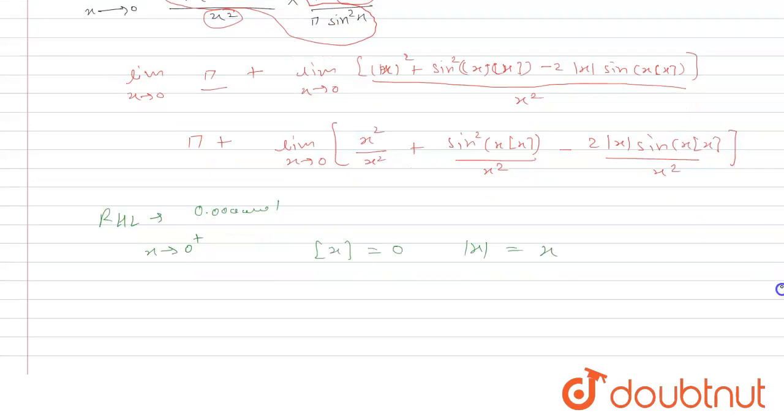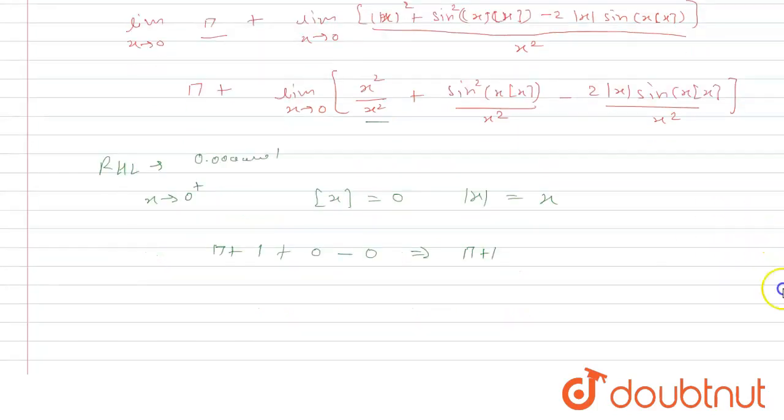So that is pi plus, this term will be 1, plus, we know that sin 0 is 0, so this term will become 0, minus 2 times this, which is also 0. So the right hand limit is pi plus 1.